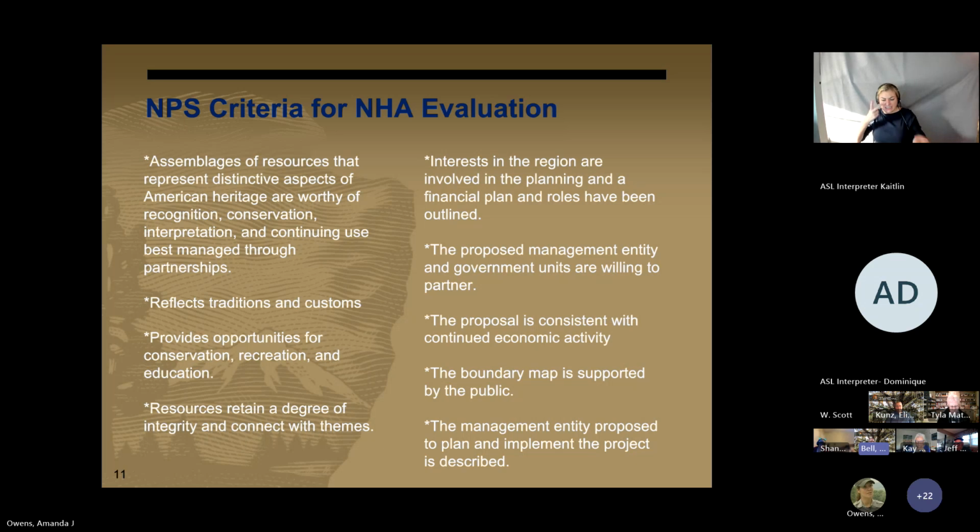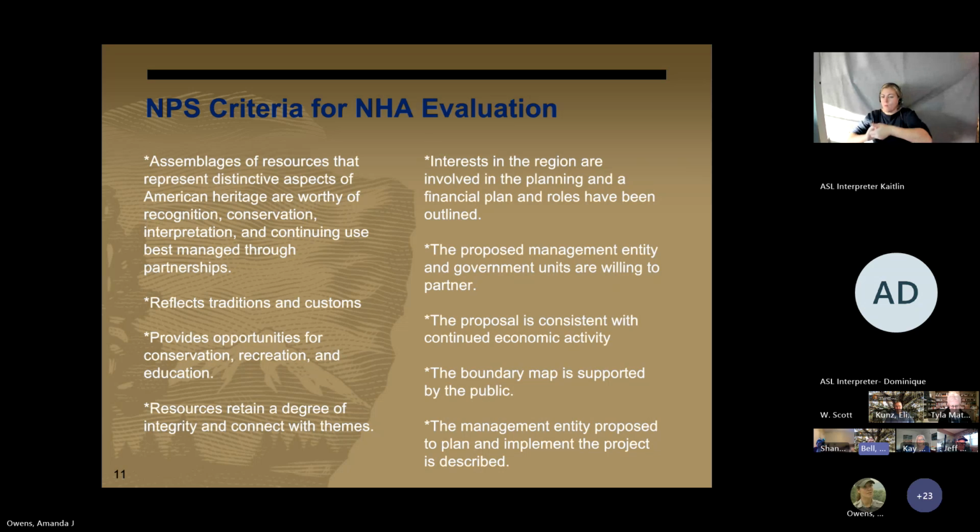We want to look for traditions and customs that are unique to the Great Dismal Swamp. And we also, as I mentioned, want to make sure that there is public support for this, and identify a potential managing entity or a few managing entities. There are some national heritage areas that are managed by a couple of entities through partnerships.